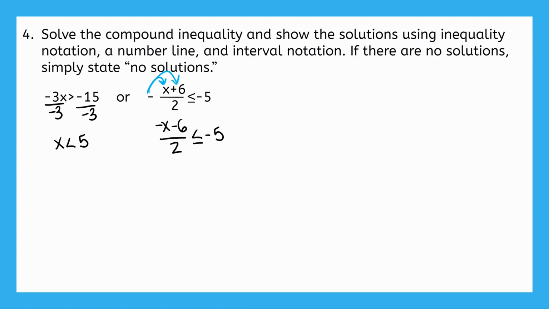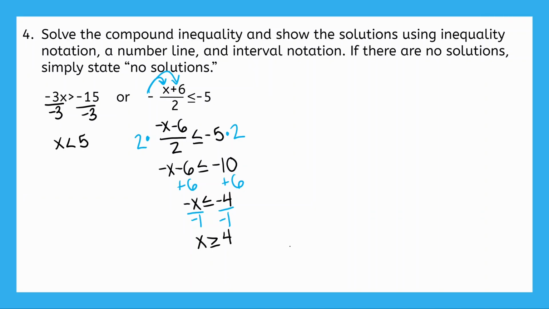Then I can get rid of the denominator by multiplying both sides by 2, which looks like negative x minus 6 is less than or equal to -10. Then I can add 6 to both sides, which gives us negative x is less than or equal to -4. And lastly, I just have to divide both sides by -1. And I have to remember to flip that inequality sign since I'm dividing both sides by a negative.